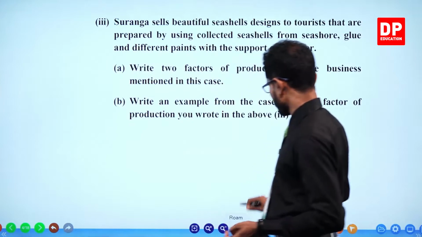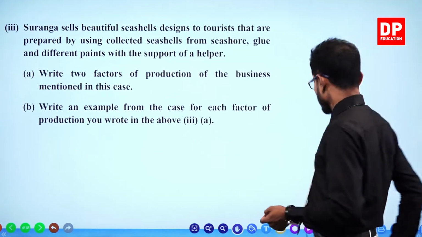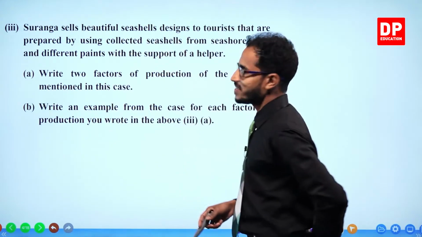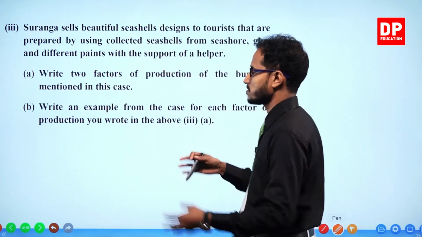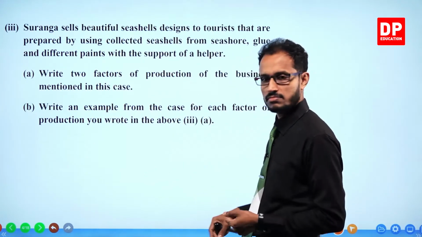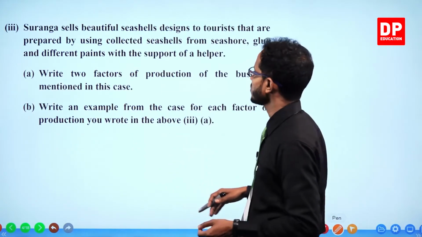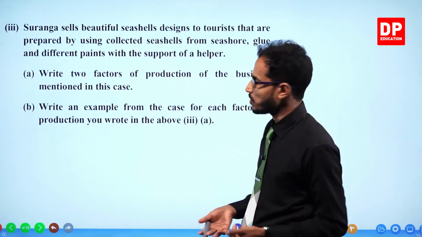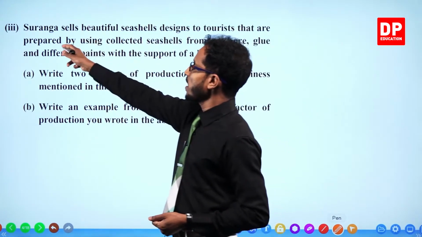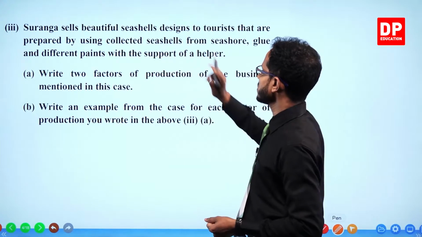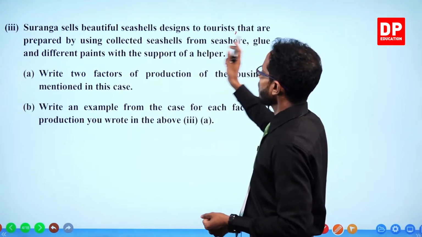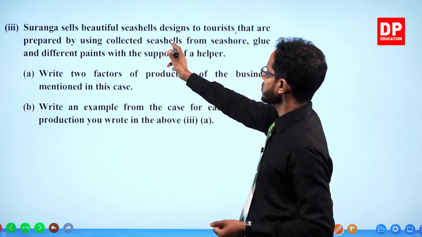Third part. Suranga sells beautiful seashell designs, seashells, clamping seashells and all sorts of seashells. You know, Mudu bello, Sippigato, right? Designs to tourists that are prepared by using collected seashells from seashore.